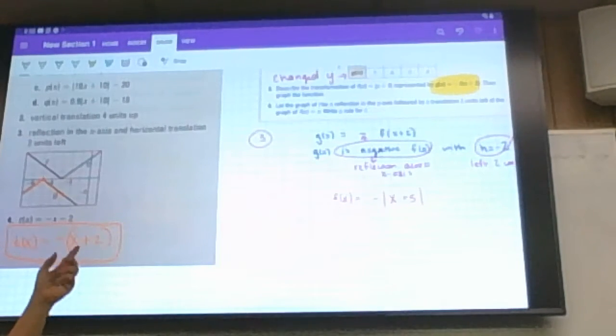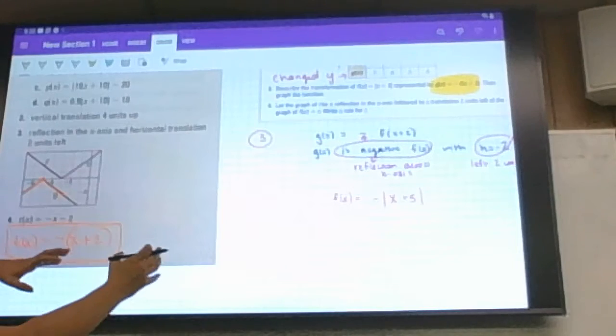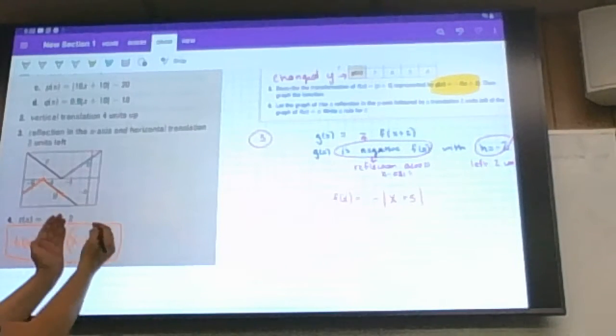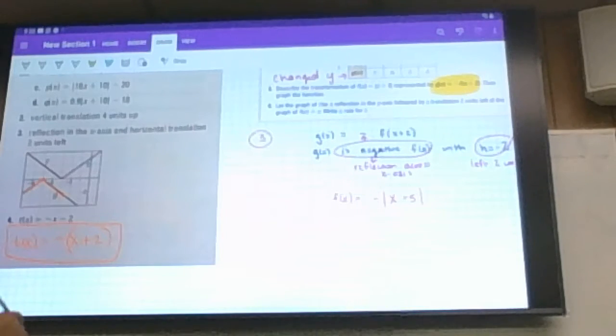So I saw people do it without the parentheses, and that's really great. Just if you're doing the negative and you're followed by a translation, especially horizontal, put that h right in those parentheses. So what they've done here is distributed it in. So these are the same thing, as long as the parentheses are there.